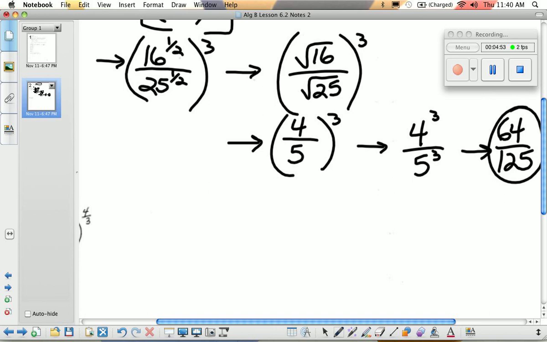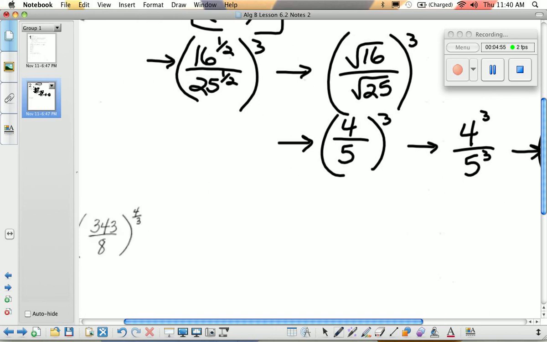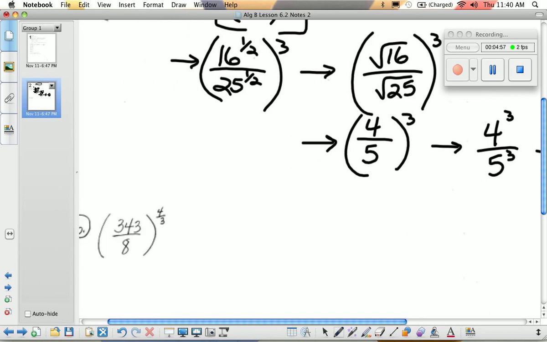Okay, so I want you to try this next one on your own, following what we just did. That's why I asked you to simplify this. Well, I said simplify, but I don't think it does. Can this be simplified? I just wanted to know. Right, so can 8 over 343 be simplified?